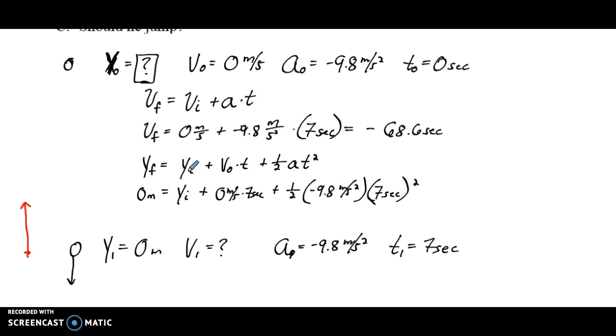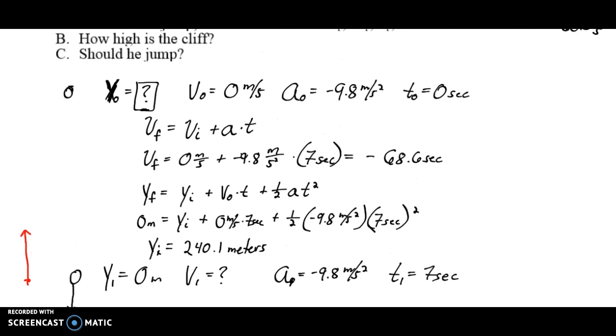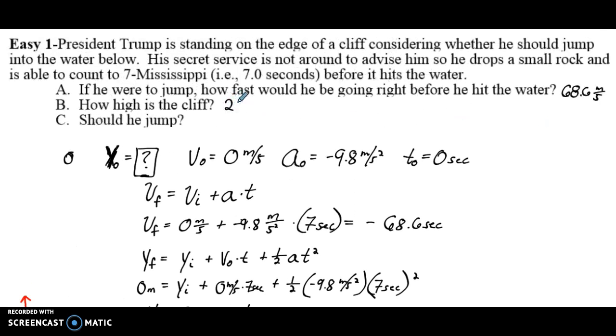You add that negative to the other side, and it gives you a positive y1 value and y initial, which is my y0. And this comes out to 240.1 meters. And it should be positive. We're going from 0 all the way up. So that'll be my answer for part B, 240.1.